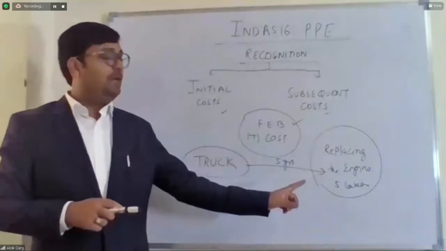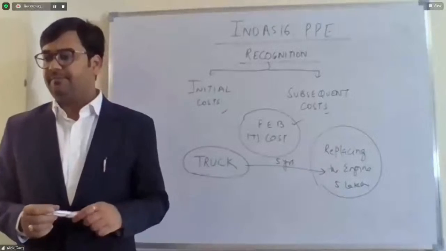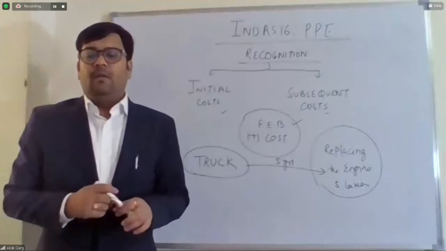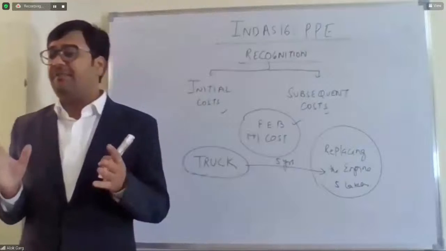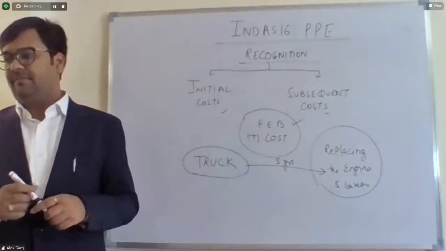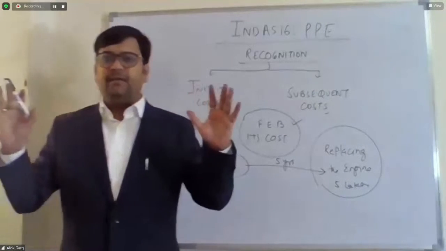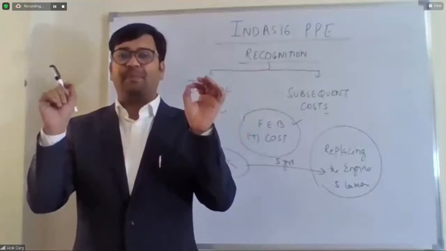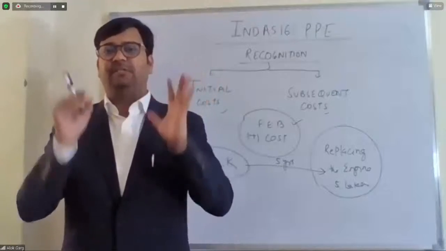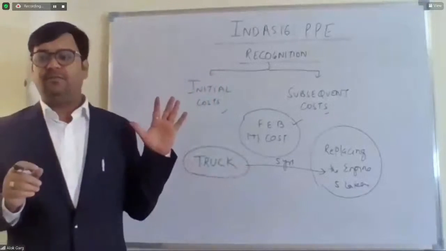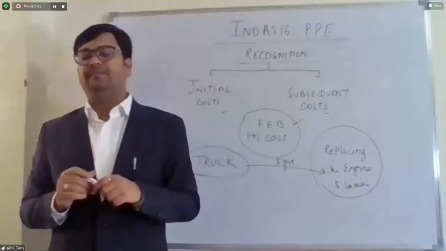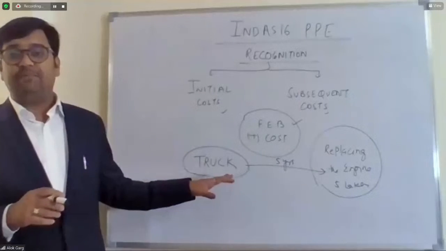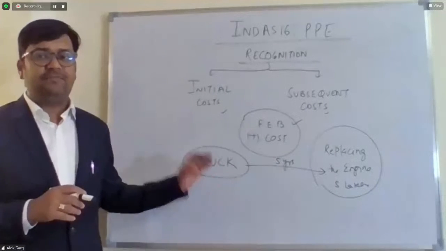Now, what will be the treatment of this subsequent cost? Tell me. I need to understand from you guys, what is your view on this? When the company has acquired a truck, with an expense of 25 lakhs of rupees, the company has capitalized. It has to be recognized as a PPE, as a fixed asset.